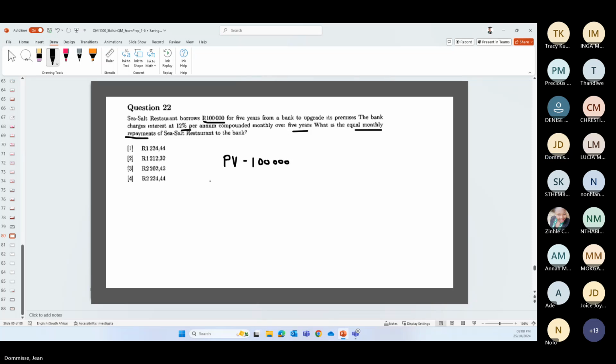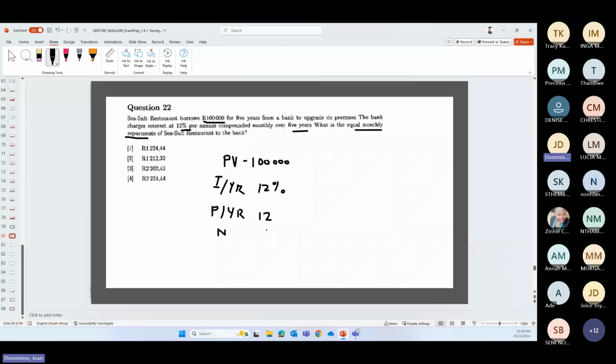Then the interest rate is 12% per annum compounded monthly. Let's just do the monthly because that's 12 times a year, just like the previous question.